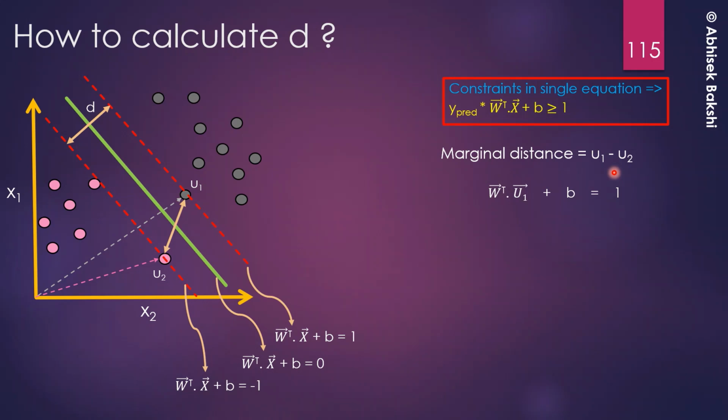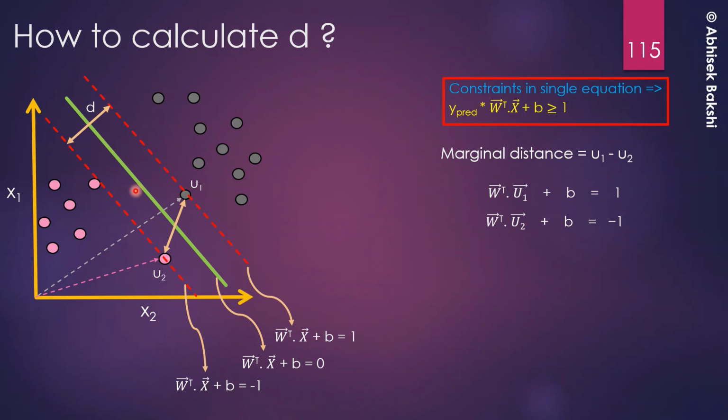Why? Because we are talking about U1 which is lying on the red straight line in the positive side of the decision boundary. That's why W dot U1 plus B equals 1. Similarly, for U2, I will have something like this: W dot U2 plus B equals minus 1, because it is on the negative side of the decision boundary.